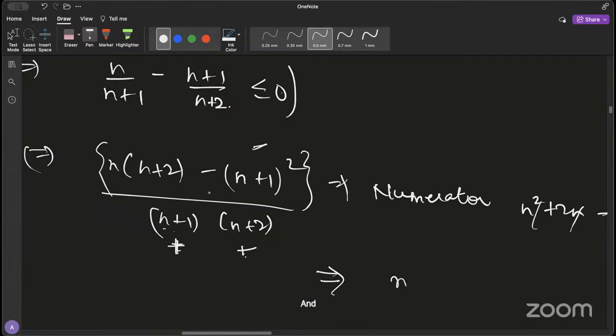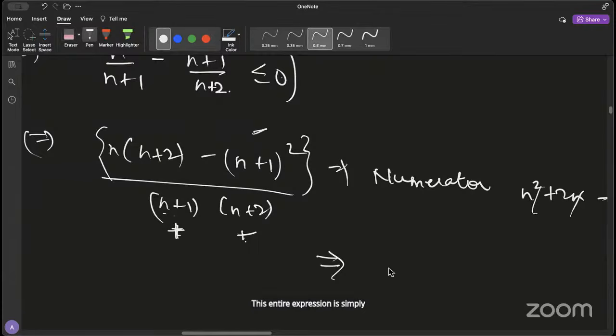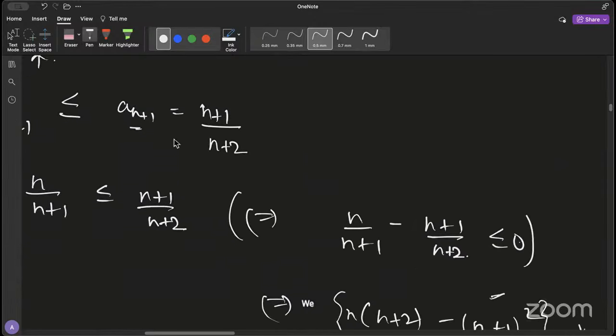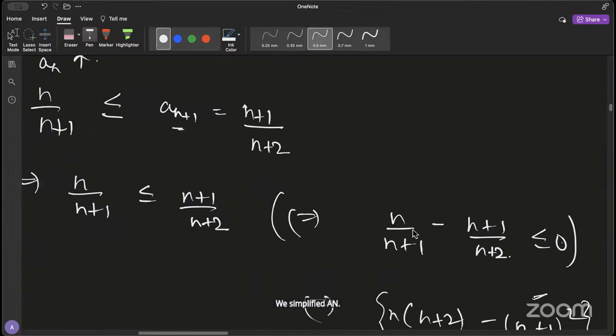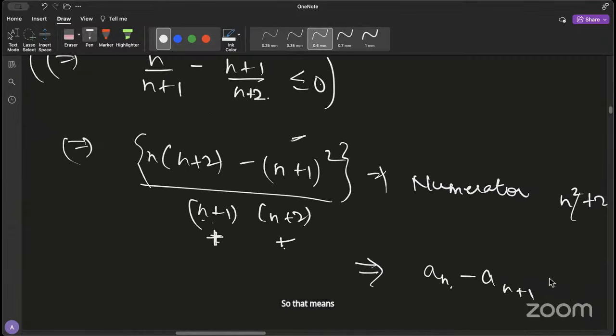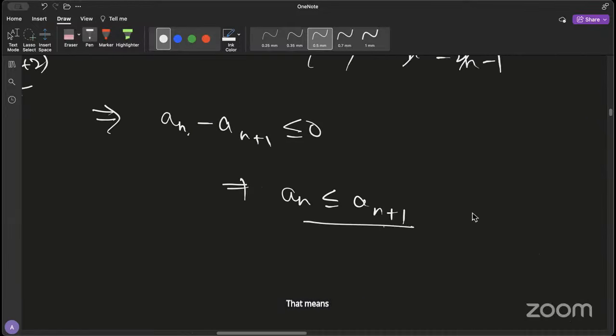And this entire expression is simply a_n minus a_(n+1), right? We simplified a_n. This is a_n, this is a_(n+1), right? So that means this thing is less than or equal to 0, which means a_n is less than or equal to a_(n+1). That means our sequence is increasing.